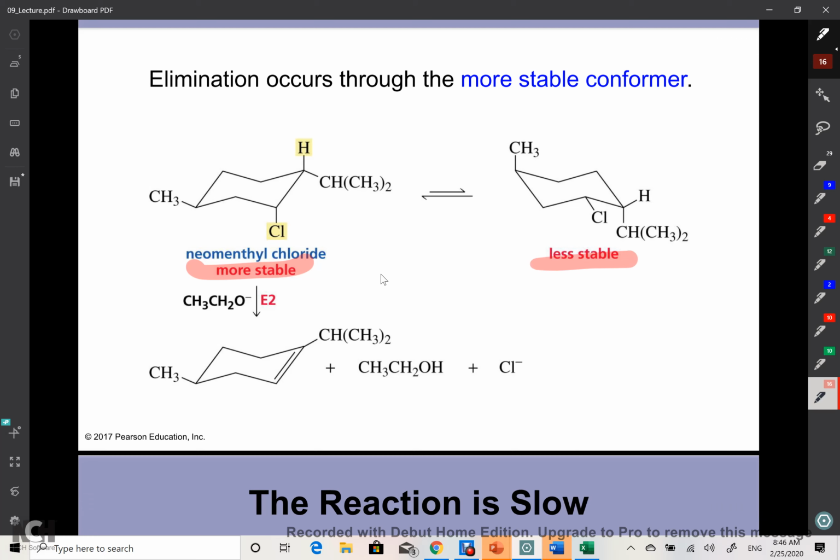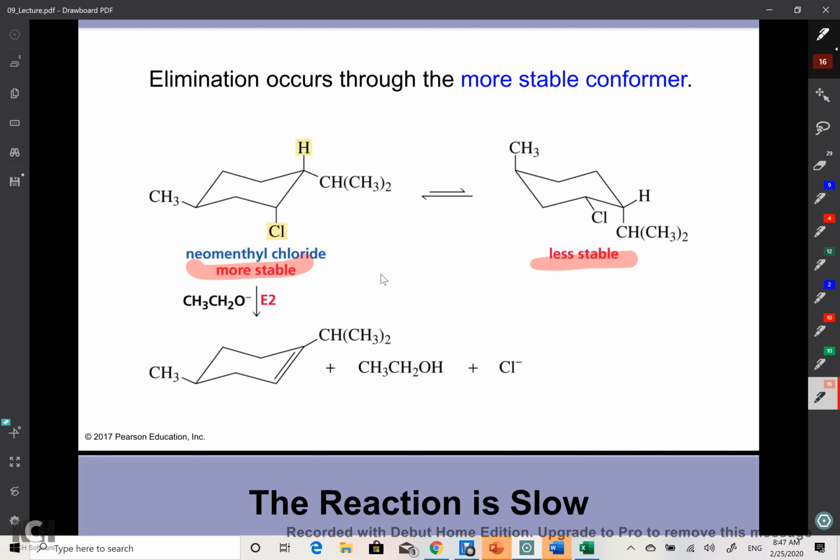The bulky group is in the axial position. Does that make sense? This is our bulky group. That bulky group is in the axial position. If it is in the axial position, then what happens? We have the 1,3 diaxial interaction. Does that make sense? Because there's this hydrogen pointing downward here, so there's an interaction between those two groups. Okay? That's what makes it less stable.